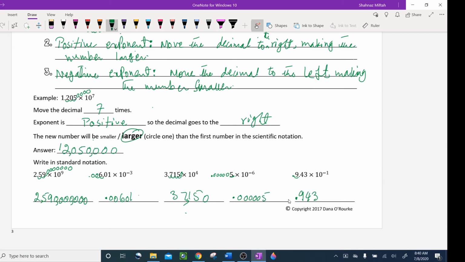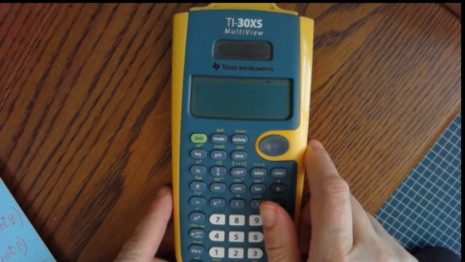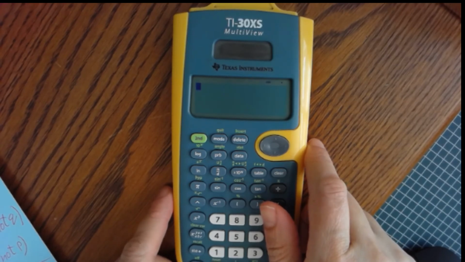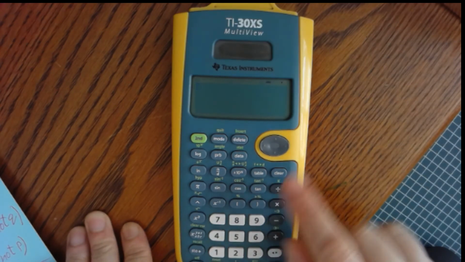So let's get back to the calculator, and then I'll show you how to do it. Here's my calculator. I turned it on.